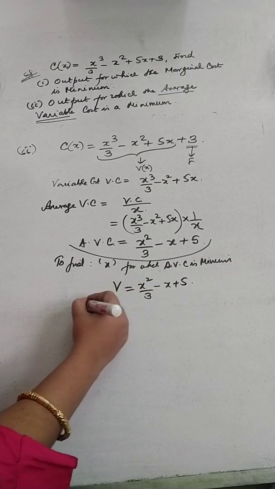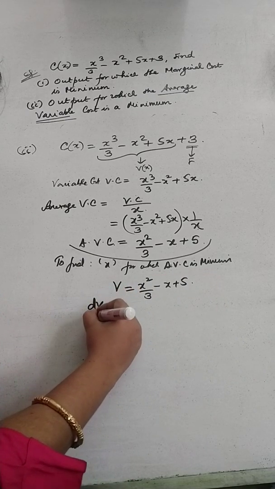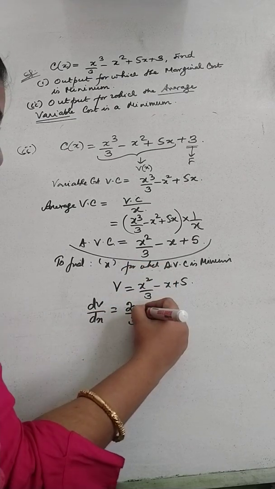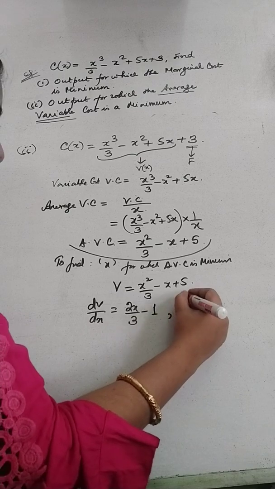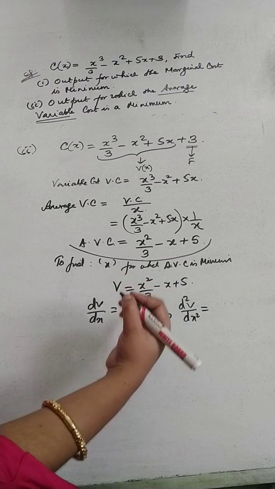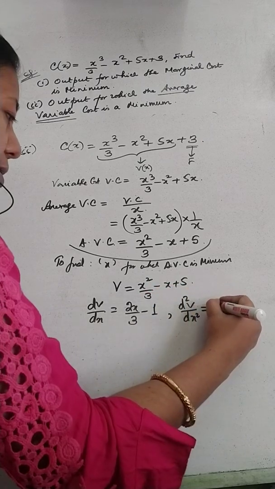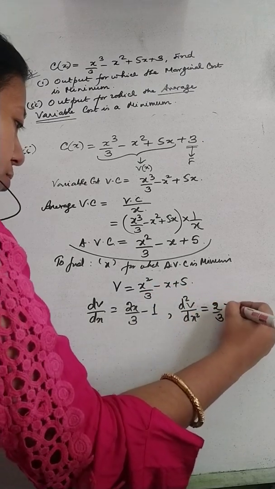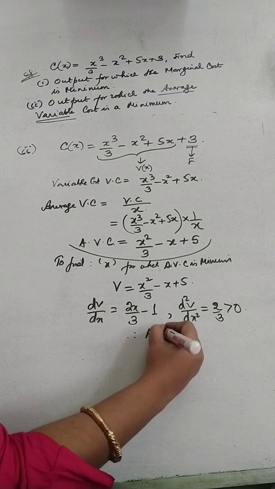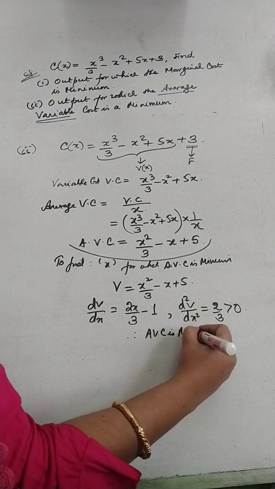So the first derivative we will find out, dV/dx, it is 2x by 3, minus 1. And what is d2V/dx2? It is just the derivative of this, because the derivative of the constant is 0, so it's 2 by 3, which is always positive. Therefore, AVC is minimum.